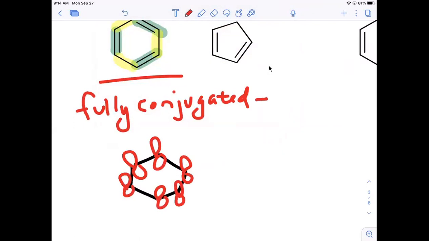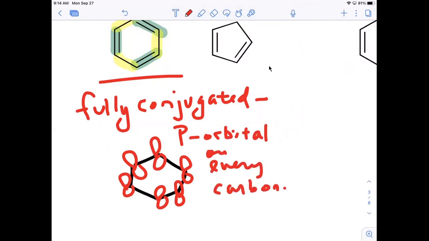So when something is fully conjugated, and this is an important idea for the next section, which is I think aromatics that we're going to be talking about, there's a p orbital on every carbon in that molecule. So that makes it fully conjugated.